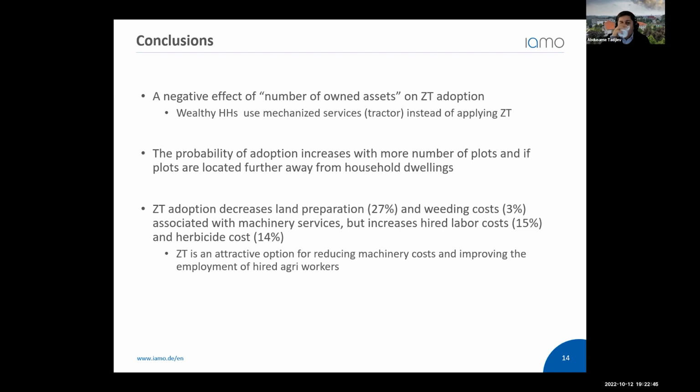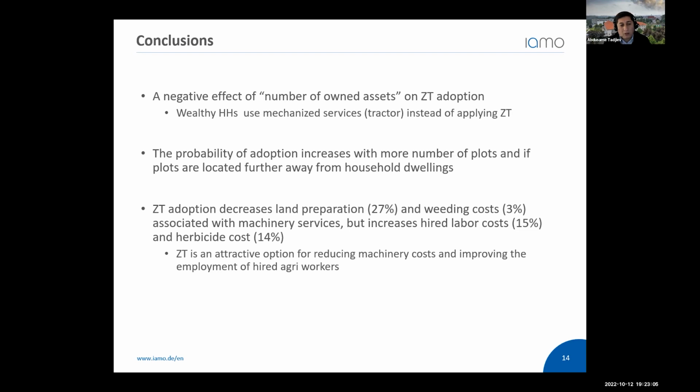Also, the probability of adoption of zero tillage methods will be increased for households with more plots, and if the plots are located further away from the household dwelling.